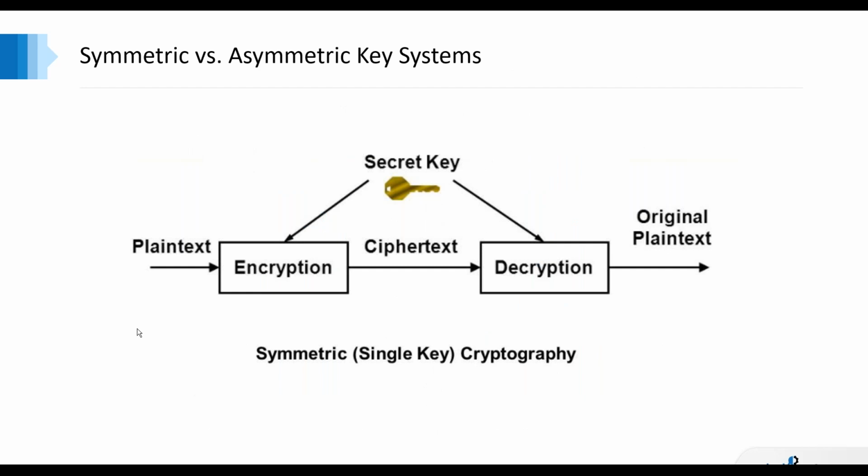So we have to talk about the differences between the algorithms, and that's the idea of a key system. And the first difference between them is that there are two basic systems for the keys, the symmetric and the asymmetric. A symmetric key system is where there's a key that is used for both the encryption and decryption function.